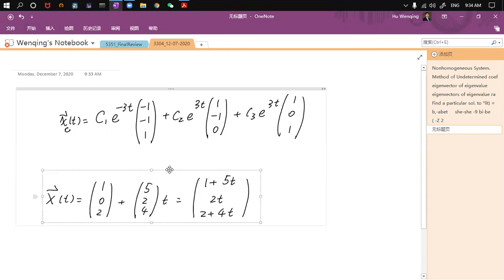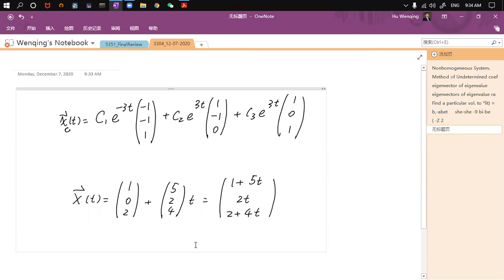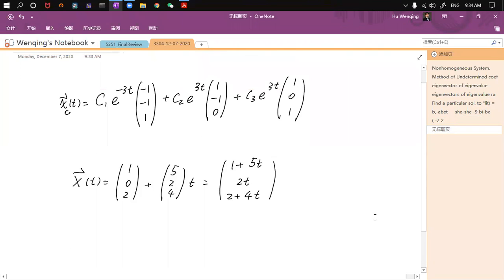So you have the complementary and the particular solution, and you can combine these two to get a general solution.